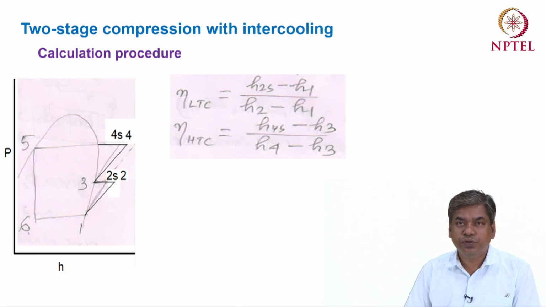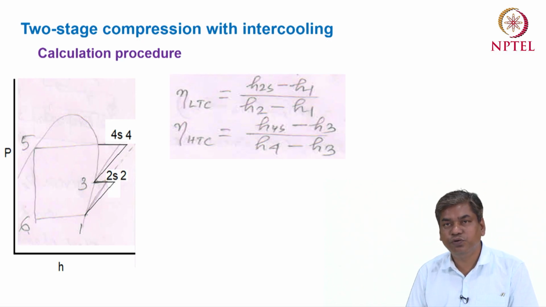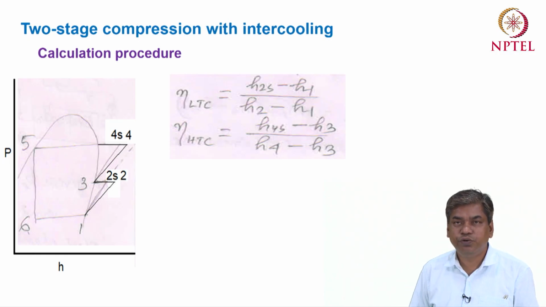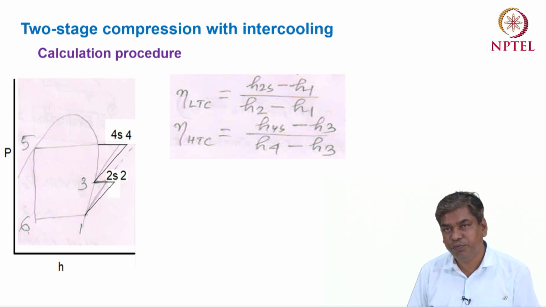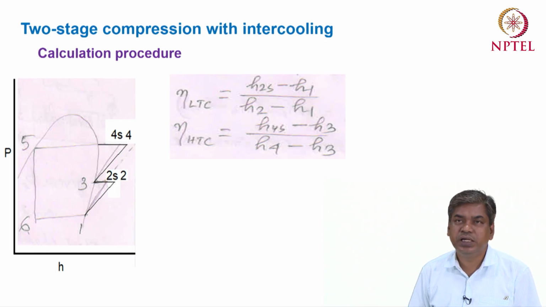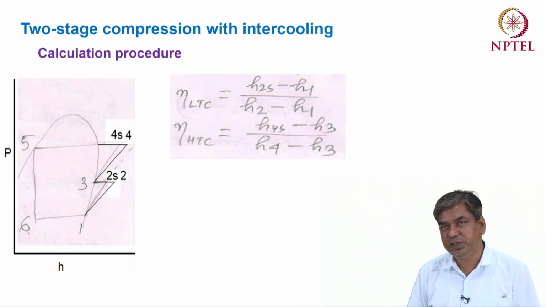Okay, so when we are calculating the processes 1 to 2 and 3 to 4, we have to calculate state point 2 and state point 4. There are 2 compression processes in this case, and for both we can use the similar procedure which we discussed for the single stage vapor compression cycle.